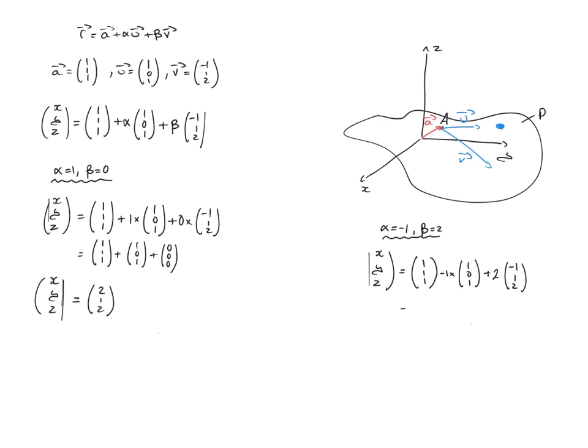This leads us to 1, 1, 1 minus 1, 0, 1 plus negative 2, 2, 4.